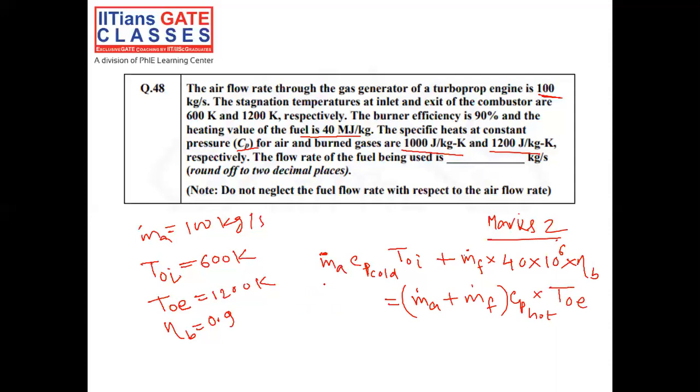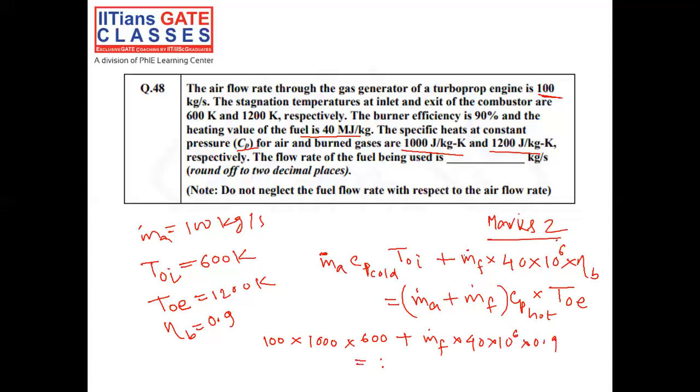Now if we substitute all these values, it will be 100 multiplied by 1000 multiplied by 600 plus mf dot into 40 into 10 to the power 6 into 0.9.